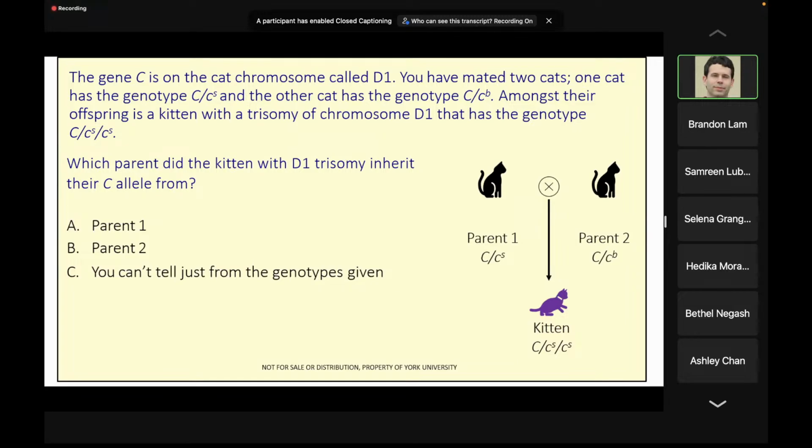Okay, now let's poll again. Now that you've discussed with your neighbors, put your answer. So the answers changed. 58% of the class were saying parent one. 5, 4, 3, 2, 1. Now 63% of the class is saying parent one.